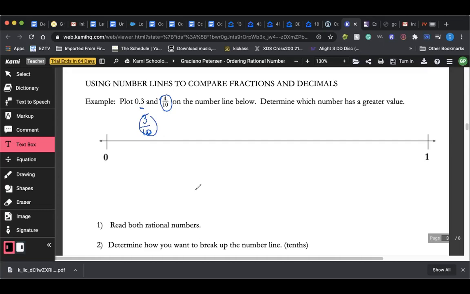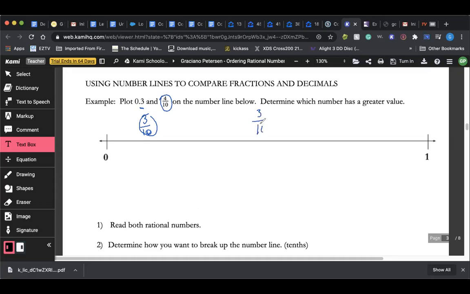Which fraction is bigger, 3/10 or 4/10? 4/10. Absolutely. If they have the same denominator, the one with the higher numerator is the bigger fraction. So 4/10 is bigger than 3/10.